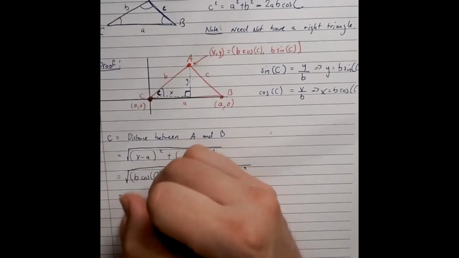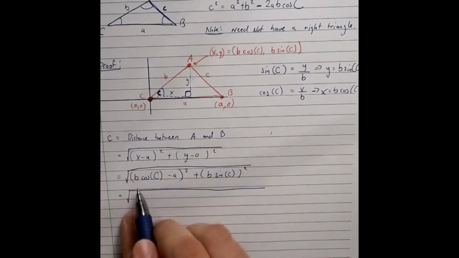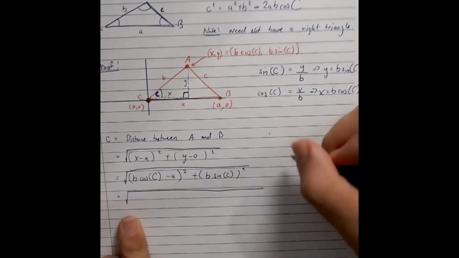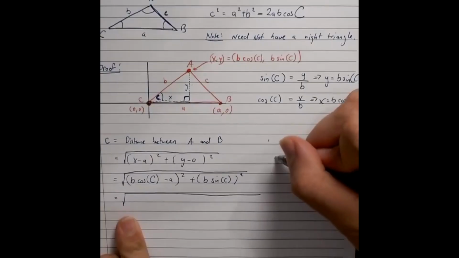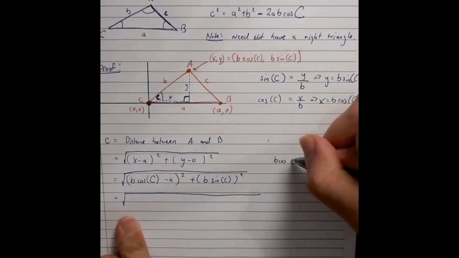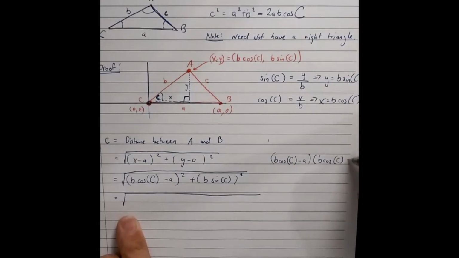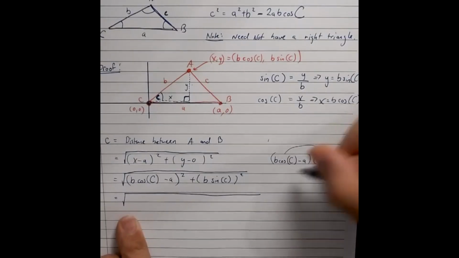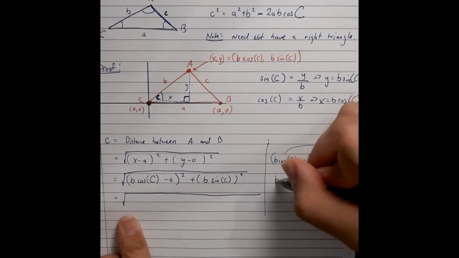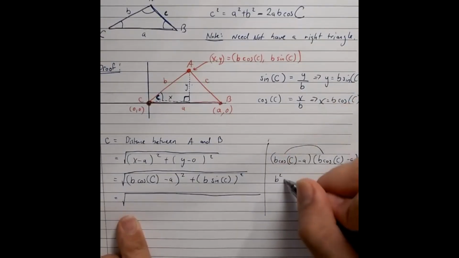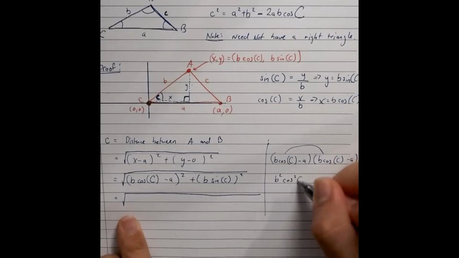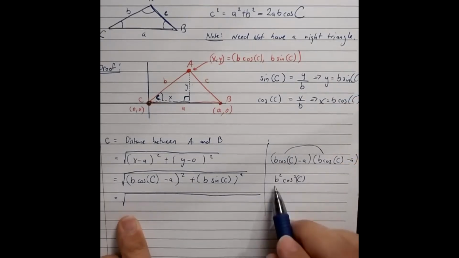And now I can go ahead and multiply that out. If I square this, well, let's see, let me do that off to the side. B cosine of C minus A squared means multiply it times itself. Like that. So that'll be B squared cosine squared of C. B times B is B squared.